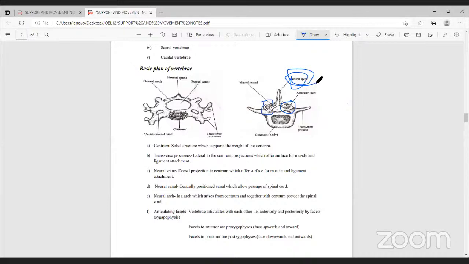We have the pre-zygapophysis, which are anterior, meaning on the front end. Then we have the zygapophyses found on the posterior end or the back end that we call the post-zygapophysis. So basically, the zygapophyses are surfaces that allow vertebrae to articulate or connect with each other, in simple terms.